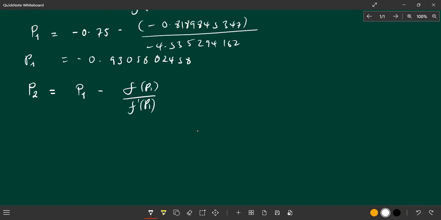So f of P1, where P1 is negative 0.93058, we substitute in the function: 4 to the power negative 0.93058, squared, minus 3.